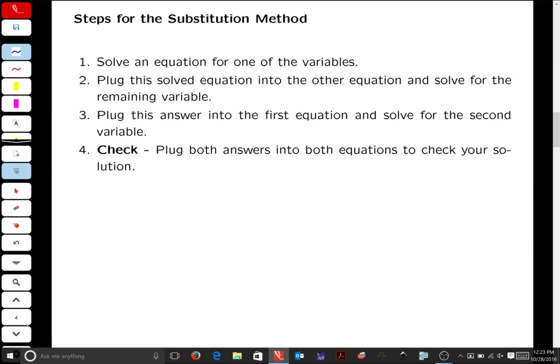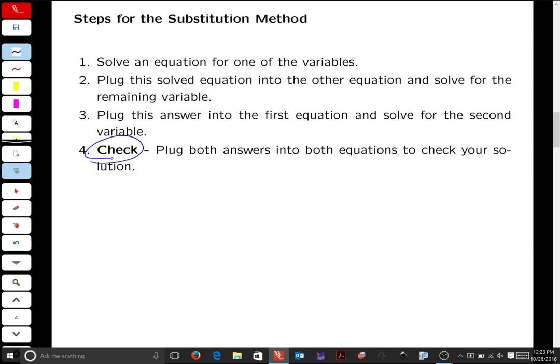Steps for the substitution method. You're going to solve one equation for one variable, plug it into your second equation, solve it for that second variable, plug it back into your first equation to solve for the first variable. So you're kind of going in a circle. Always check your answers, not because you have extraneous solutions, but because this is very easy to make mistakes on.